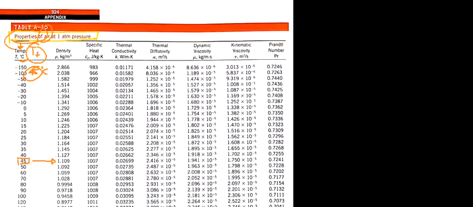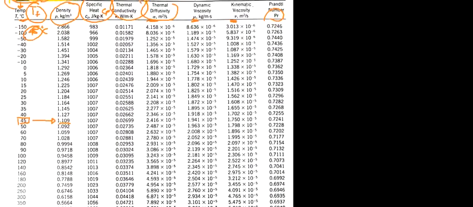From here you can now know the value of your density, the specific heat CP, the thermal conductivity, the thermal diffusivity, the dynamic viscosity and the kinematic viscosity, as well as the Prandtl number. If we project it, we can now have these values. It's easy, right?